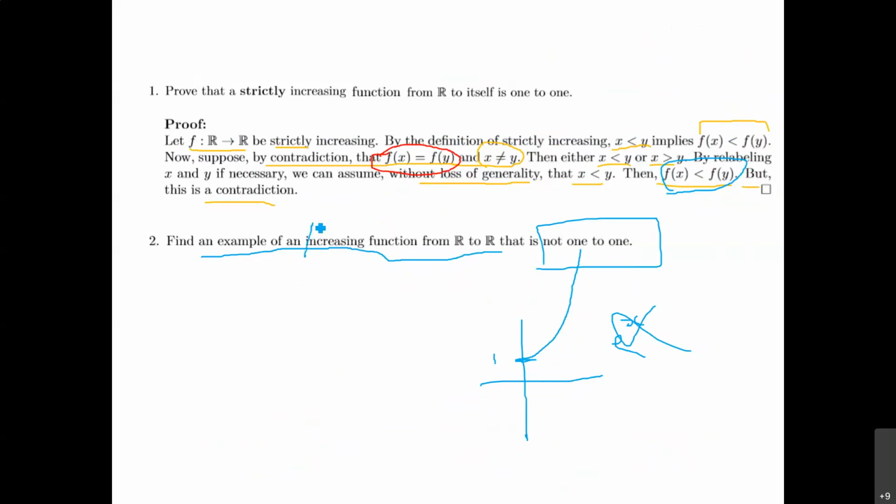So you want an increasing function that's not one-to-one. What does that mean, that it's not one-to-one? At some point, you're going to have two different x's with the same y, or with the same image.